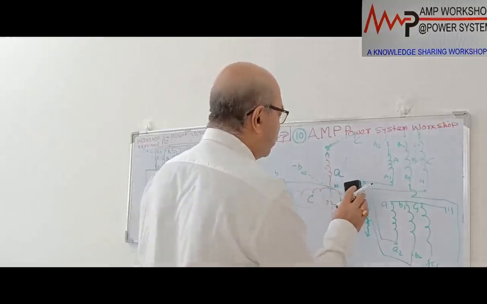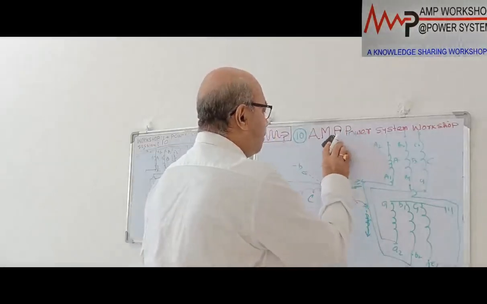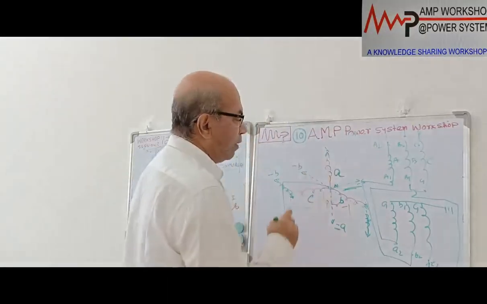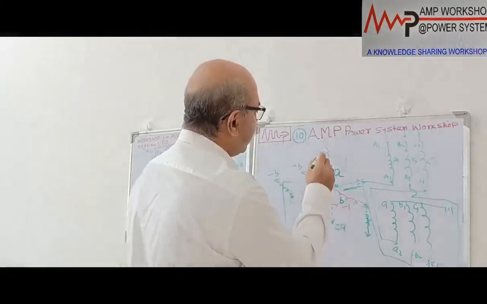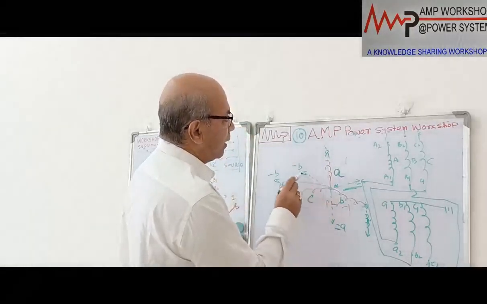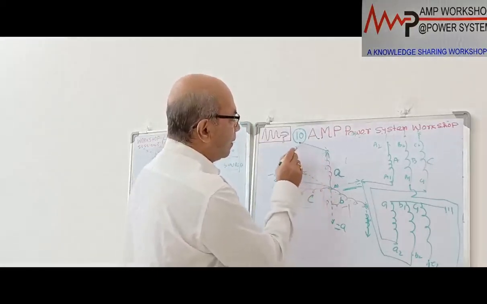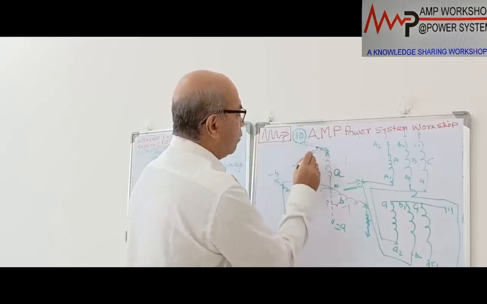Another arrangement we can do in a different way. Suppose this is the A vector. We can connect on the A vector this, you see, this is minus B, right? This is B, this is minus B. If I connect A vector to minus B this way, that means the winding will be here.